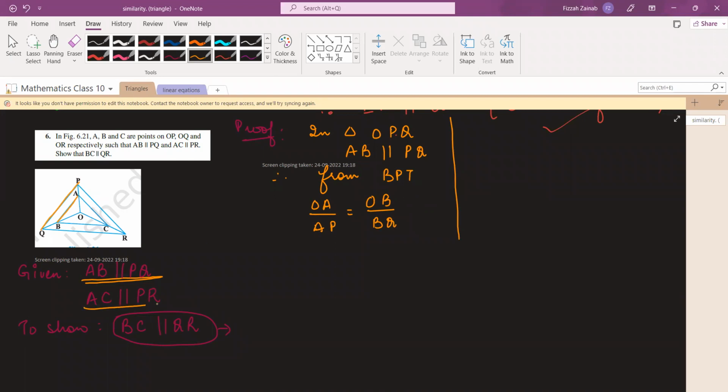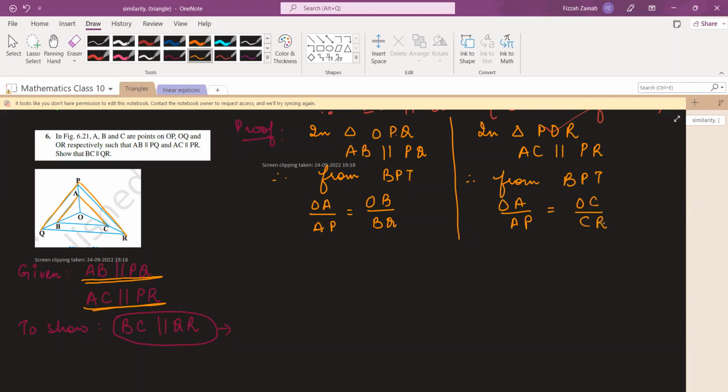Now come to the second given condition. So you have AC parallel to PR. Now where is AC? AC is this side, PR is this side. So which triangle do you have to take? POR this time. So AC is parallel to PR. Therefore, from BPT, you can say that again OA upon AP is equal to OC upon CR.